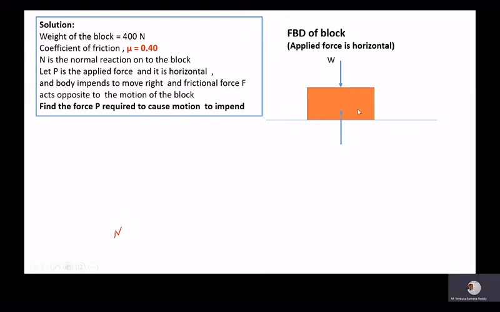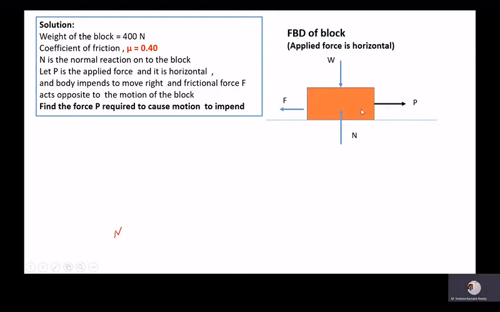And normal reaction is always perpendicular to the surface of the block. And force P is applied horizontally. Because of this force, the body tends to move right. So frictional force acts opposite to the movement of the body, that is towards left.